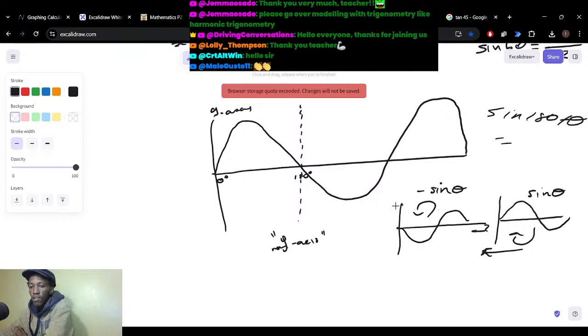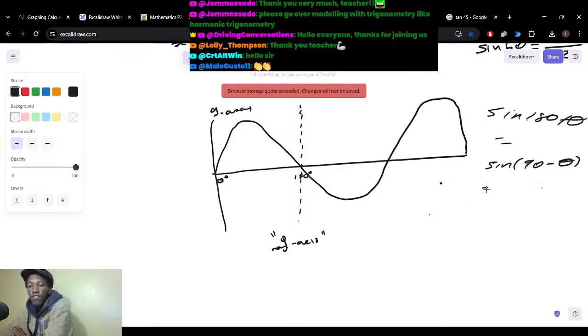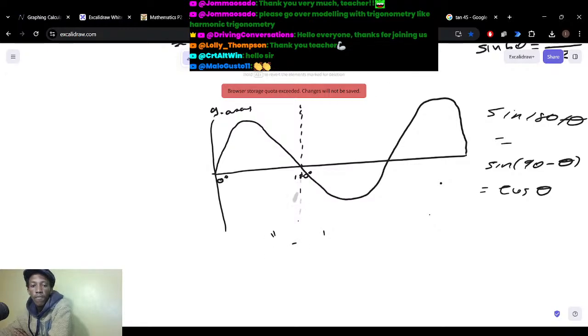Right. I will do a reduction of sine 90 minus theta, and I'll show you that it is indeed a reduction to cos theta. Okay, now let's shift.